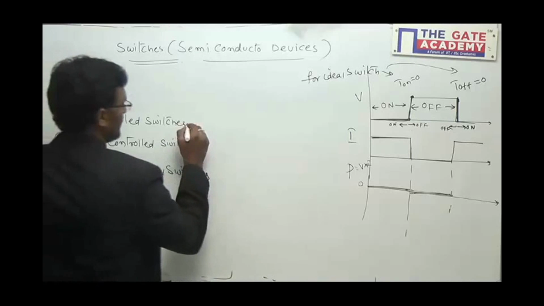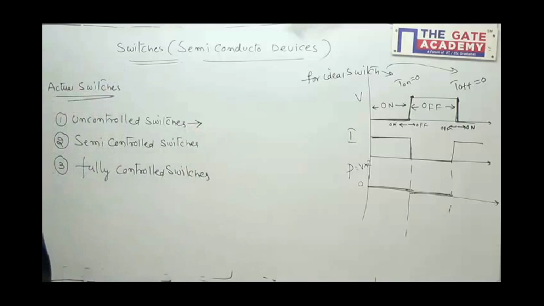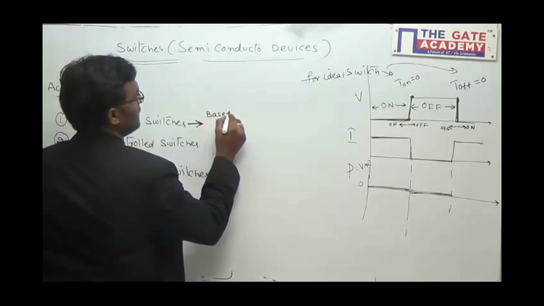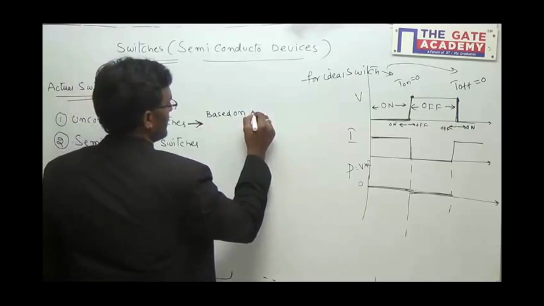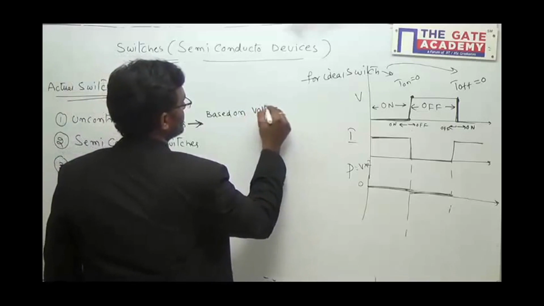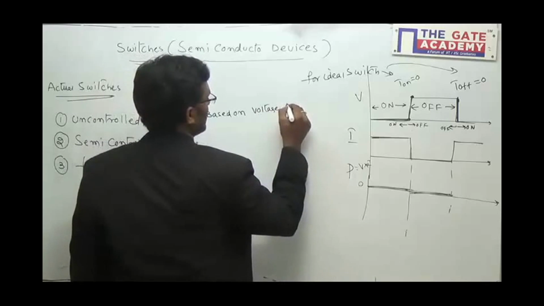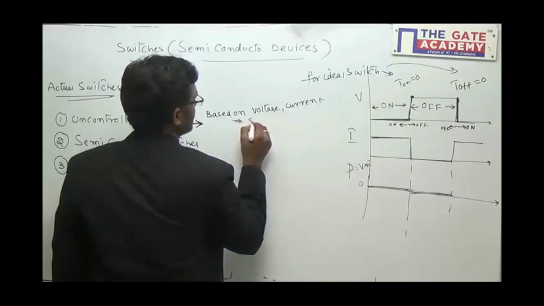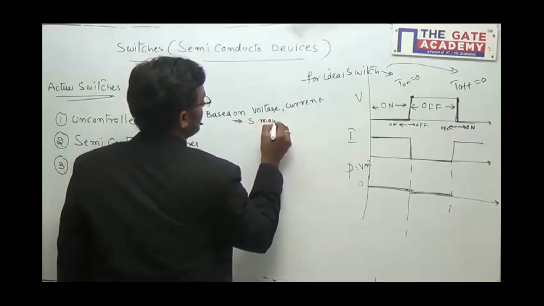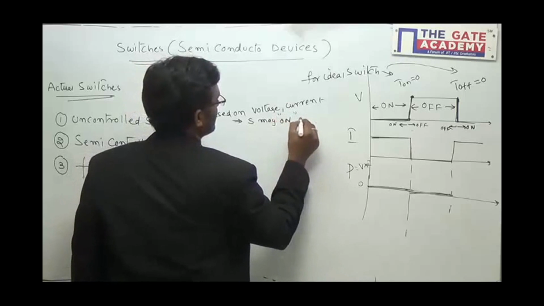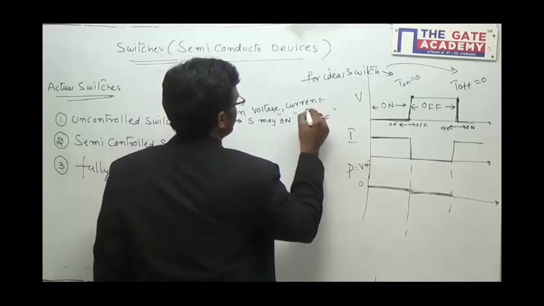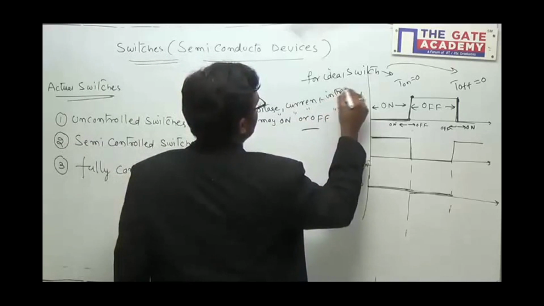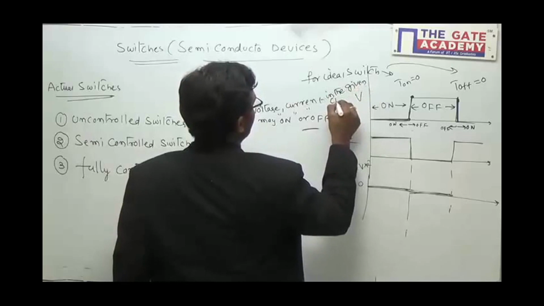Uncontrolled means, based on the voltage and current in the given circuit, the switch may be on or off. This is not in your hand.